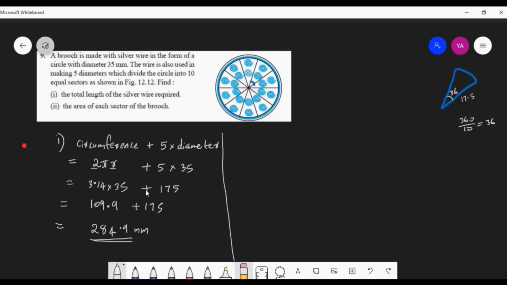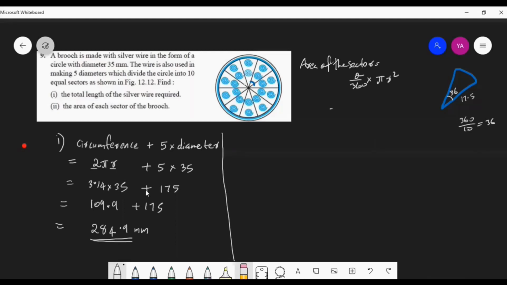So we got the radius and the angle of the sector, that is theta and r. So we can substitute in the formula to find the area of the sector. Area of the sector is equal to theta by 360 into pi r square.